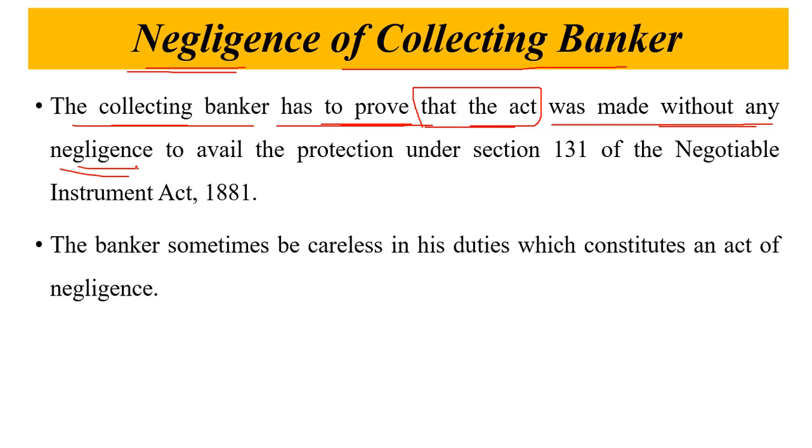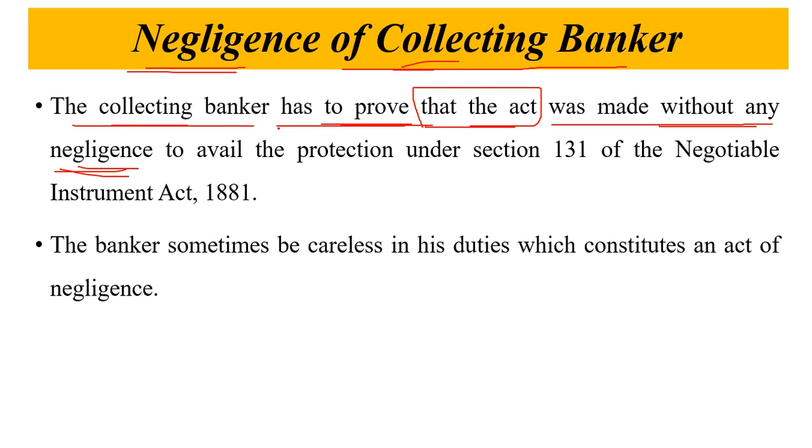There is no mistake, there is no carelessness from the collecting banker. The process of collecting the money on behalf of the customer from the paying banker was done systematically and properly. So there was no negligence, no mistake, no carelessness or irresponsibility from the collecting banker.